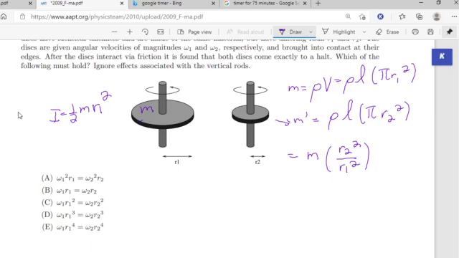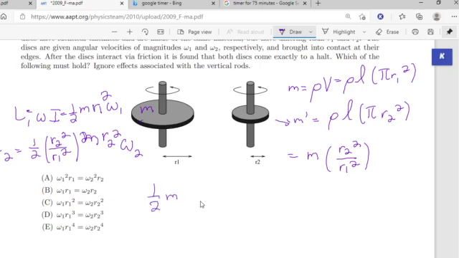So the angular momentum would be this times omega 1, and the moment of inertia of the second disk has to be 1/2 times r2 squared over r1 squared times m times r2 squared, times omega 2. Oh wait, no, okay, sorry. And I think we have to set these equal to each other so that the momentums cancel out.